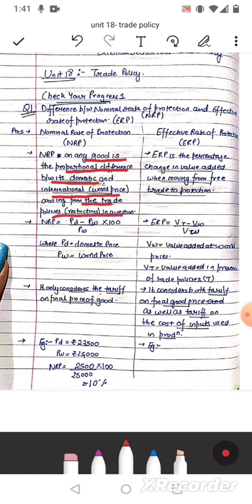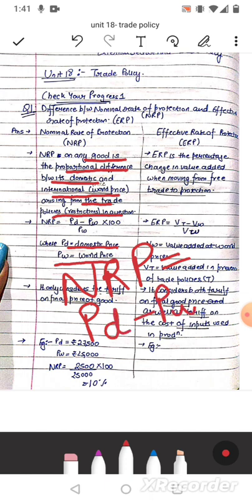So NRP is (PD minus PW) upon PW into 100, where PD is domestic price and PW is world price. So NRP is nothing but PD, domestic price, minus PW, that is the world price, divided by PW, that is world price, into 100.